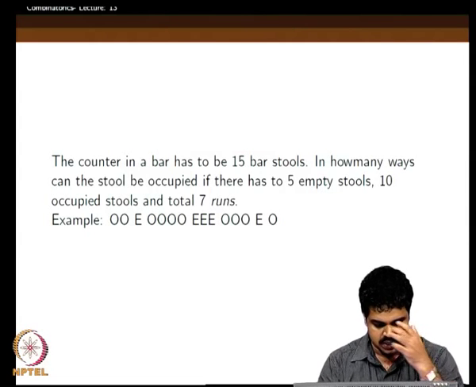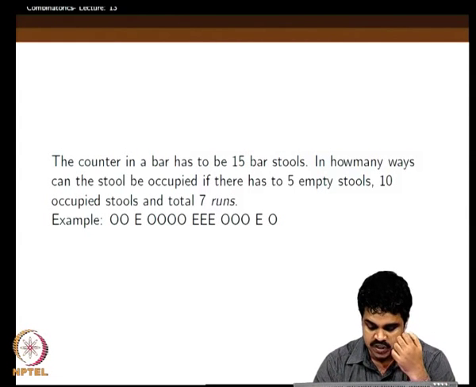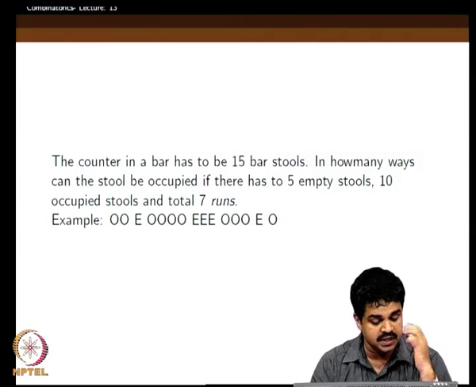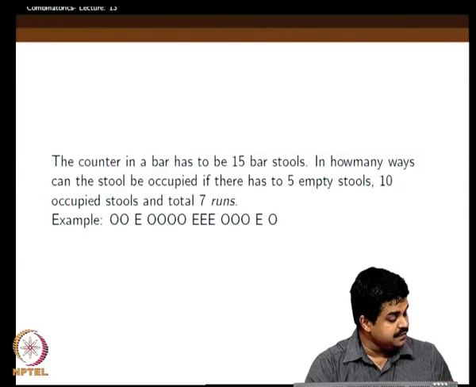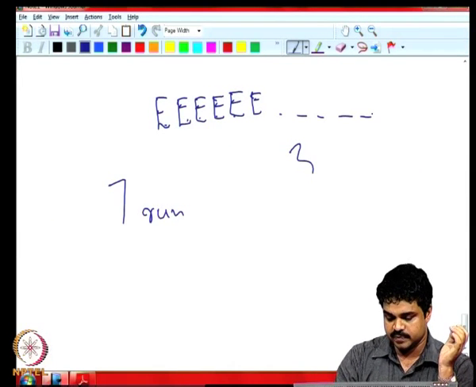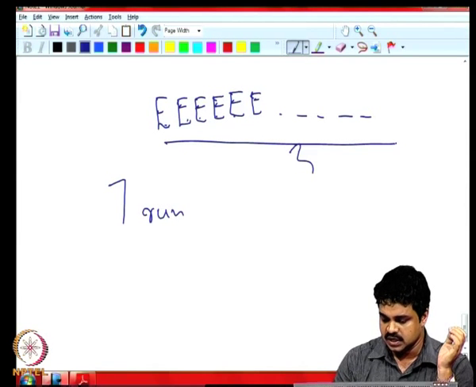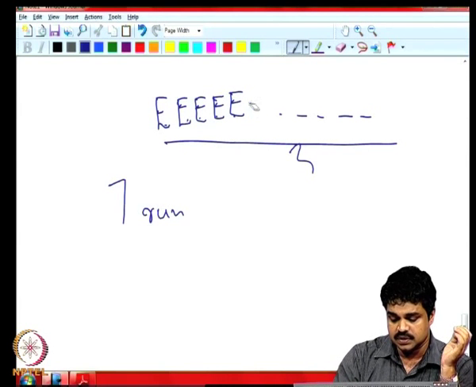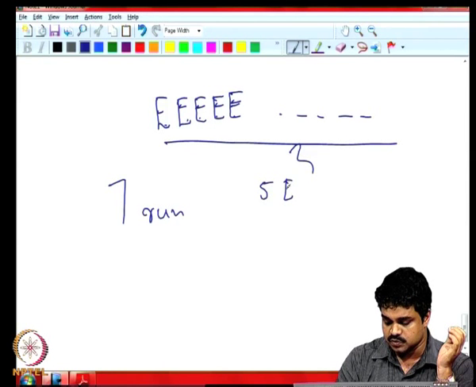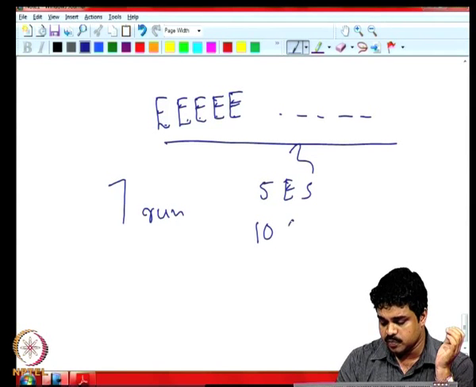There is a condition: out of the 15 stools, 5 should be empty and 10 should be occupied. So, we have 2 conditions. There are 15 stools, that means a sequence of 15 letters is written. Out of that, 5 should be E's, and the remaining 10 should be O's.